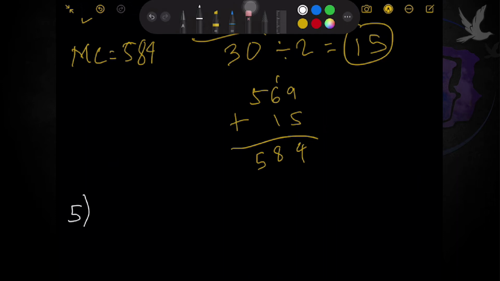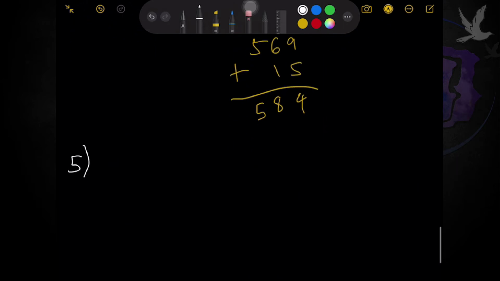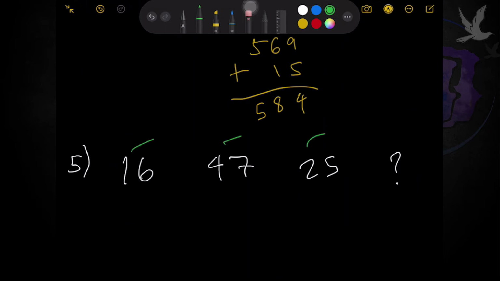Okay, so ito. Number 5 is basically the same as number 2. The average of 4 numbers is, you already have the average. So there are 4 numbers, which are 16, 47, and 25. So we have one missing value. So we have 4 units. Take note that we have 4 units: 1, 2, 3, 4.